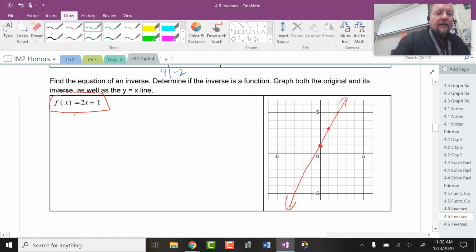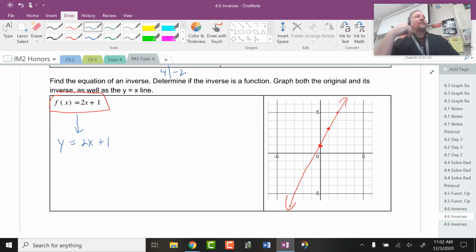Okay, how do I find inverse? I am in blue here. What do I do with this equation? Absolutely. I'm going to do this little thing with you guys all in this little section. When I say inverse, you say switch.